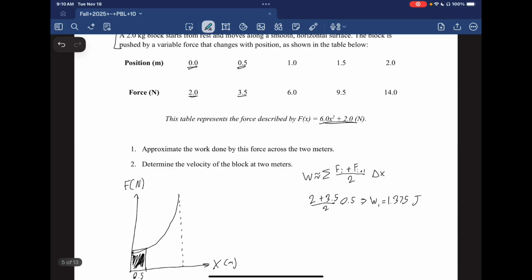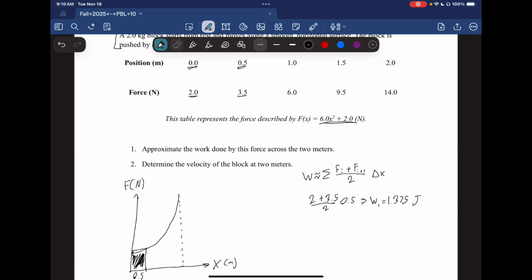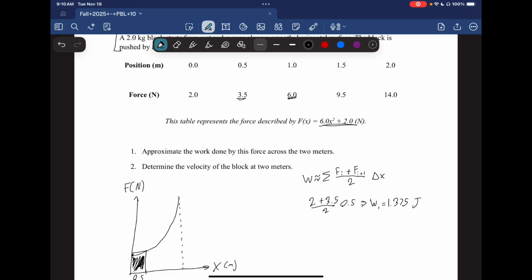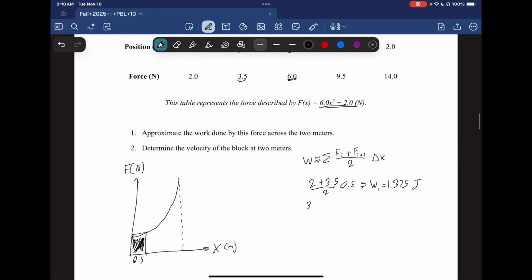If we follow this same process for the remaining forces, the next one would be 3.5 plus 6, divided by 2, times the distance, which from 0.5 to 1 is 0.5. So we do (3.5 plus 6) divided by 2 times 0.5, and we get work 2 is equal to 2.375 joules.